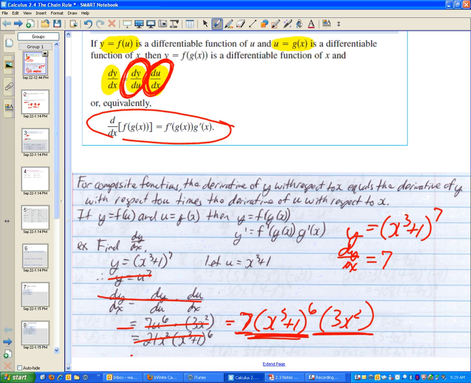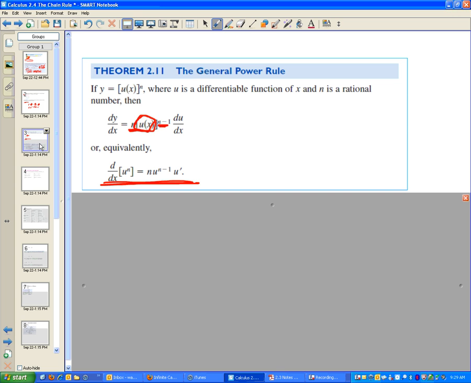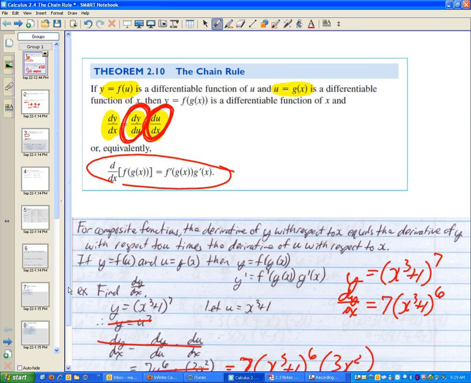We did the exponent in front times the coefficient, and then we left u of x alone, then we subtracted 1 from that exponent. That's what all this is. And then what does the general power rule say to do last? Times du dx, times the derivative of u. Isn't that what we did?